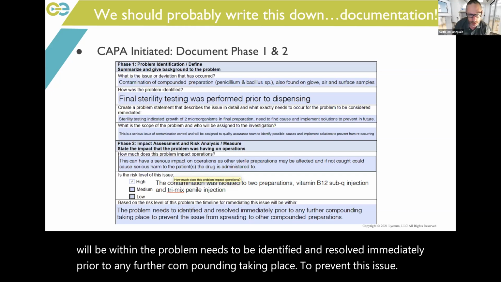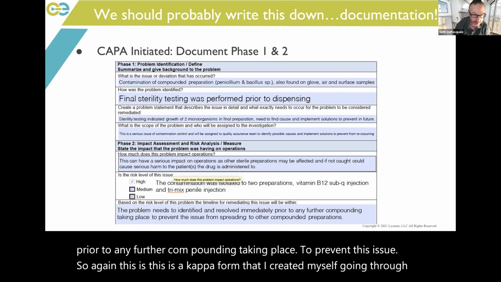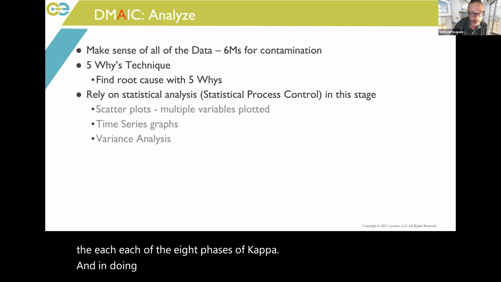So again, this is a CAPA form that I created myself, going through each of the 8 phases of CAPA. And in doing so, we're also filling in the gaps of DMAIC. So in the analyze phase, we're going to make sense of all the data.